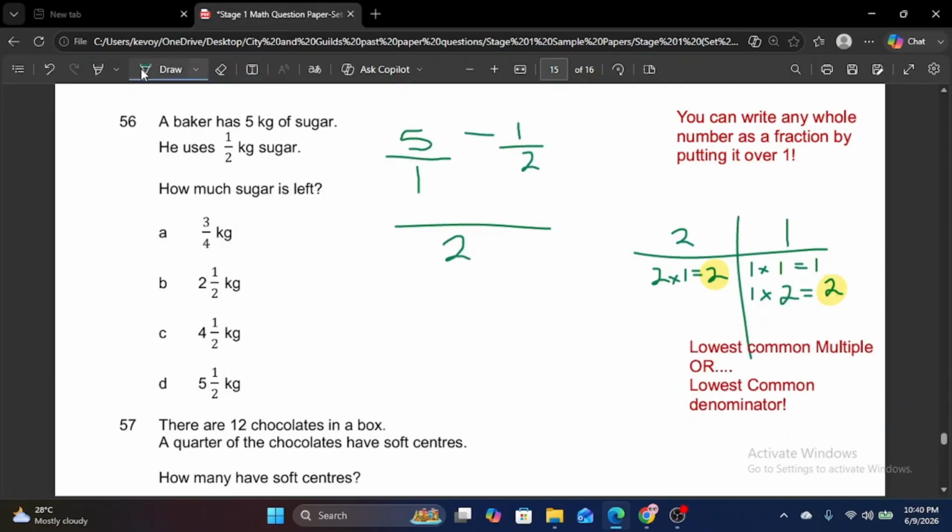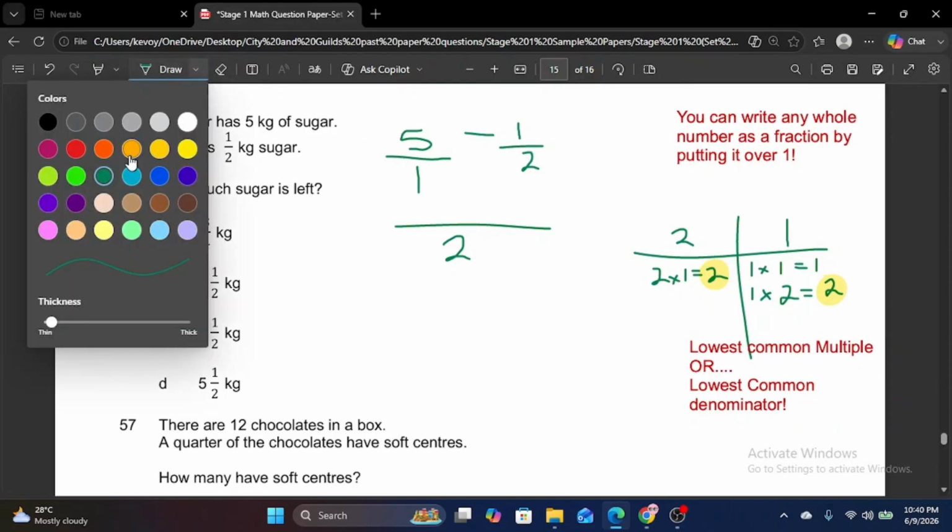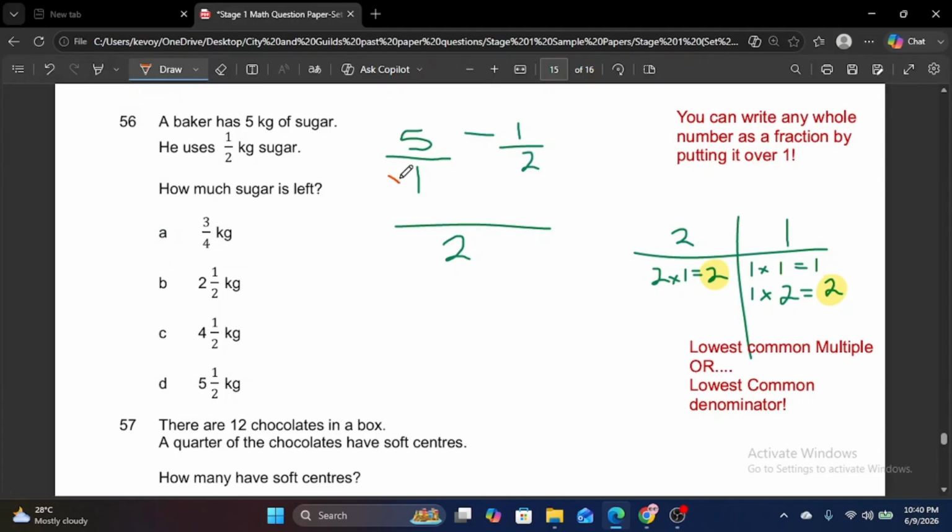Alright, so what do you multiply 1 by to get 2? That's going to be 2. Anything you multiply at the bottom, you have to multiply it at the top. That's going to be 10 minus, what you multiply 2 by now to get 2, it's going to be 1.